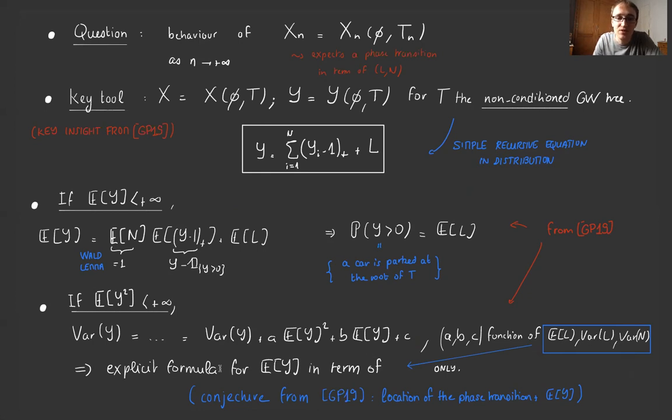This leads to an explicit formula for the expectation of Y in terms of these three parameters only, and a conjecture from Goldschmidt and Przykucki concerns the location of the phase transition and the expectation of Y given by this formula.